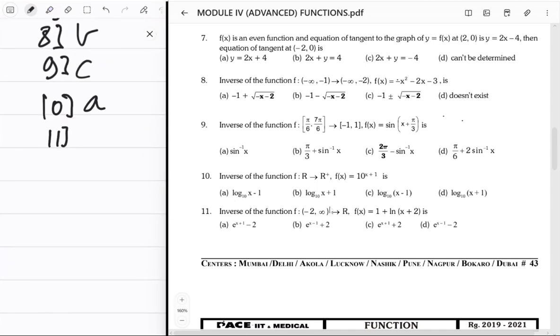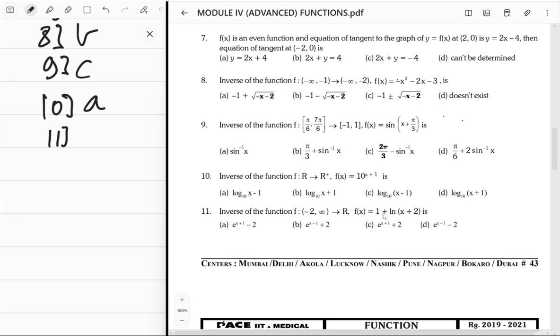Okay. Inverse of the function from negative 2 to infinity to real. So it's all the values bigger than negative 2. Fine. f of x is equal to 1 plus natural log of x plus 2. So x plus 2 is positive. That's why this thing makes sense.